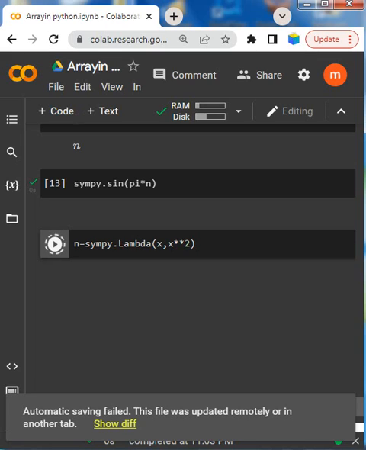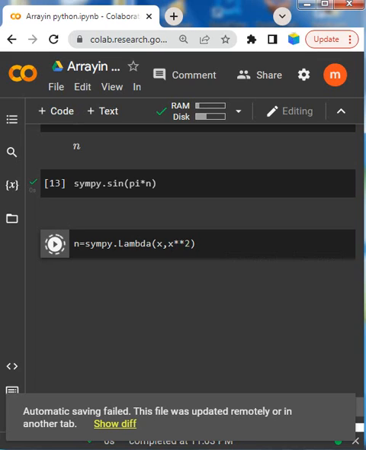Actually, sometimes mathematical equations or expressions as functions are not printed easily if your internet is not working properly. So let's see, I am using the n here and it may work.